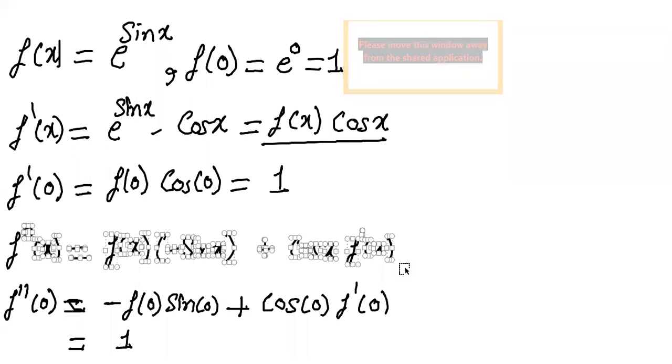So I will do the next. So next is f triple dash x. If 4 is more than sufficient, f to the power 4 is more than sufficient.